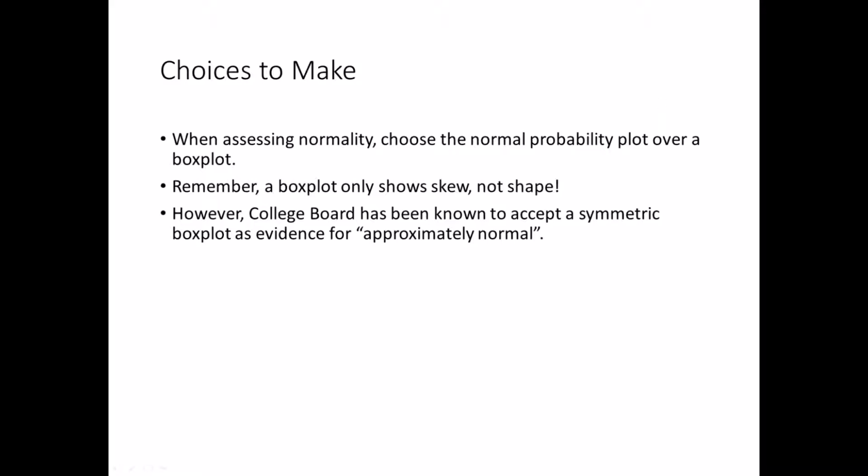I don't agree, but I don't score those things and award you college credit. So what I would like for you to do for me is to make a normal probability plot and do it for College Board too, because they will appreciate it. It shows some sophistication beyond just slapping together a box plot. But if you forget and just use a box plot, you're gold, I guess.